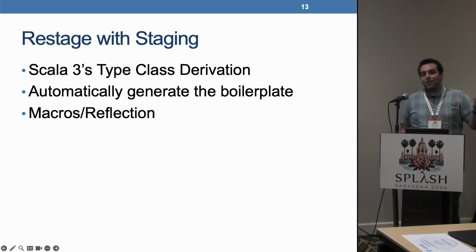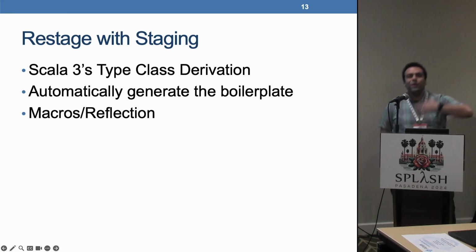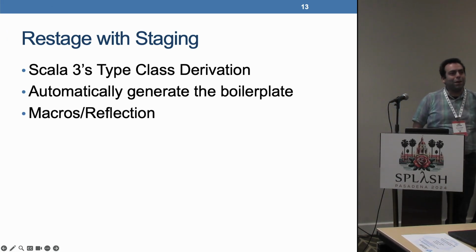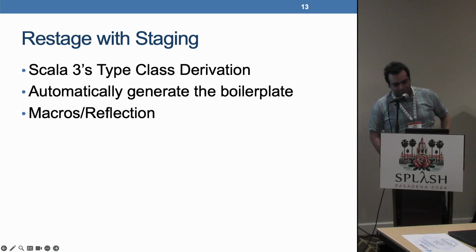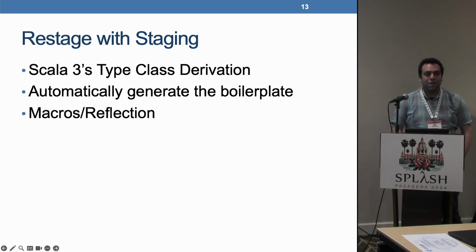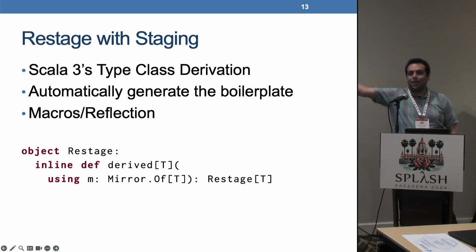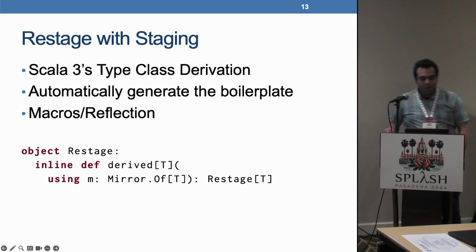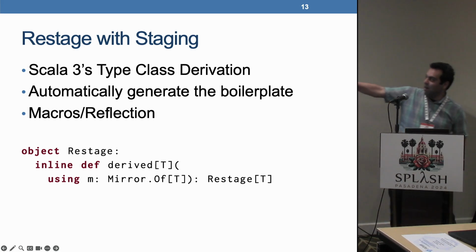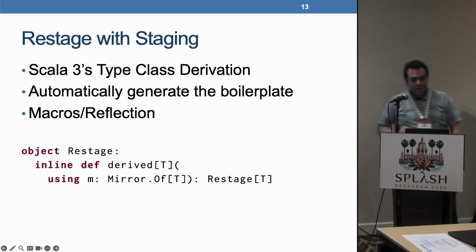You can either use Scala macros and reflection. The difference between them is that one of them is doing the generation at runtime, and the other one is doing the generation at compilation time. So the interface that we have to provide is basically this one. You can see that I have also annotated this particular method, which is called derived, which is for type class derivation with inline.